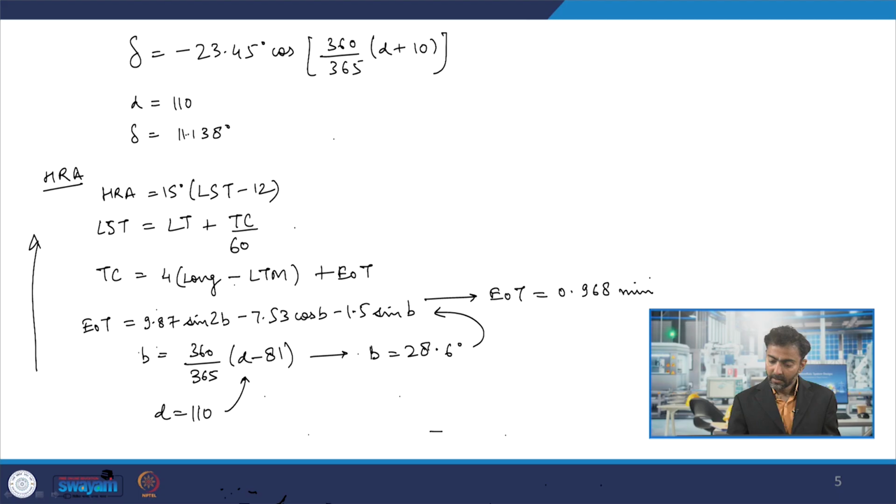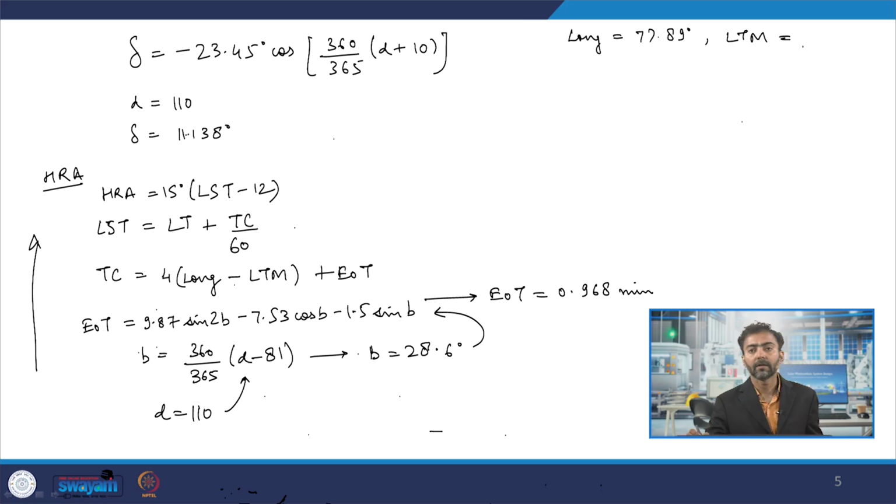Then we will use the value of longitude given in our problem. This is 77.89 degree. The local time meridian, because we are talking about India, we understand our standard time meridian from which we derive the Indian standard time, that is 82.5 degrees.